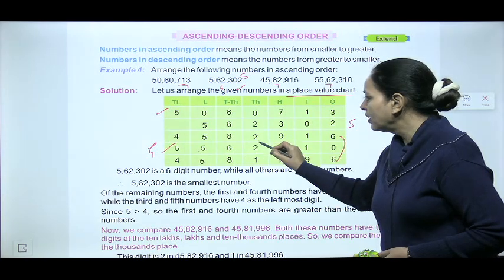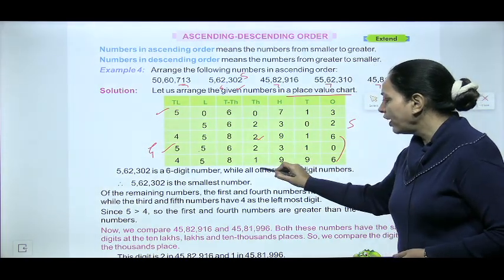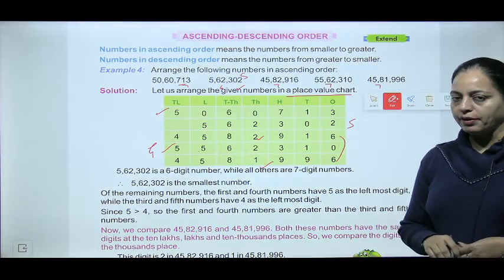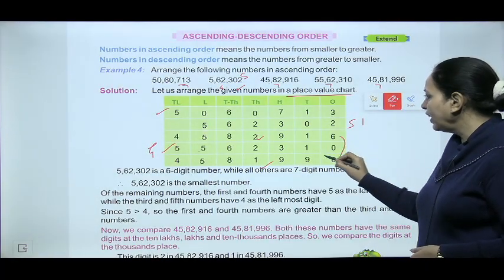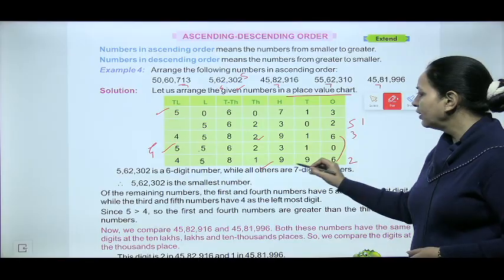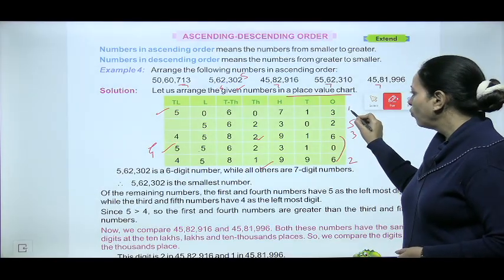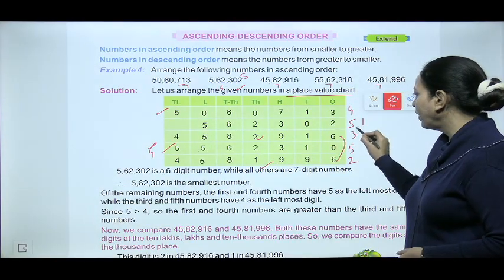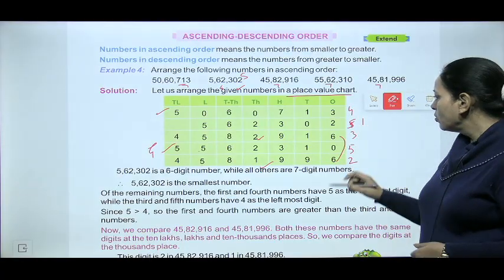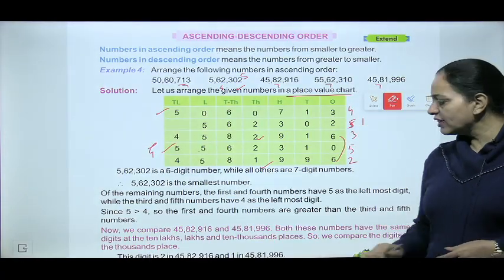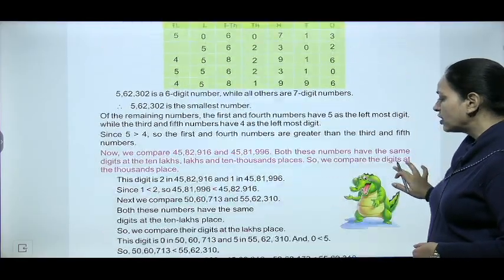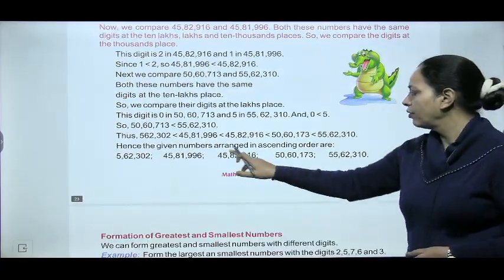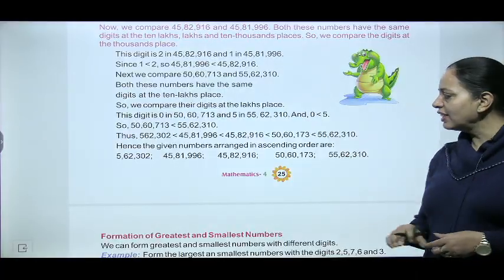This is greater, so write this number first. Okay, so first, then second, then third, then 4, and then 5. This is the smallest. So this is the sequence, and now we can write the numbers in this order. I hope this is clear to you.